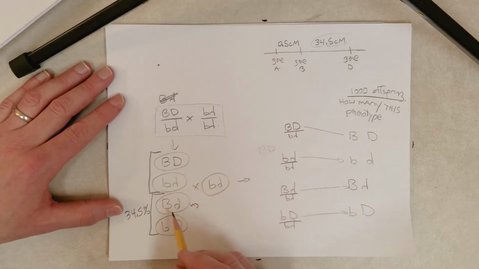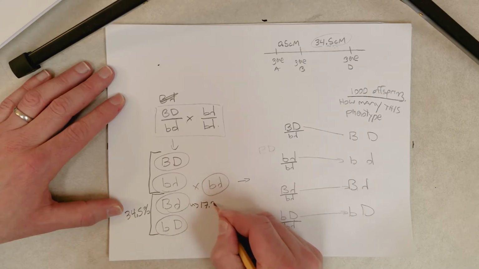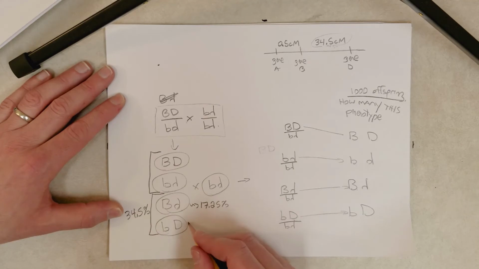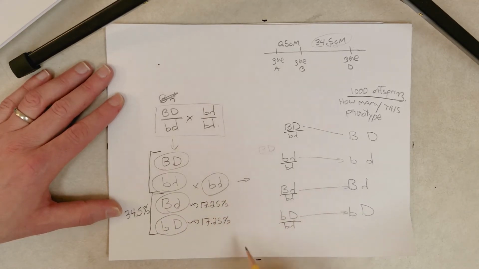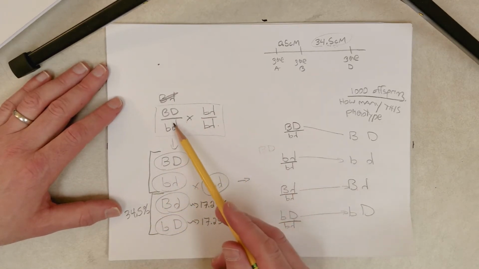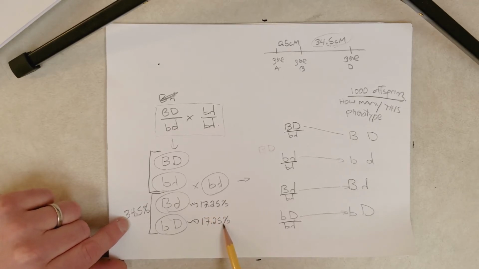To predict that this is going to be 17.25%. I think that's half of 34.5. And this one is going to be 17.25% as well. So of all the gametes produced by this individual right here, 34.5% are going to be recombinant. Each one is going to represent half of that, so 17.25%, 17.25%.